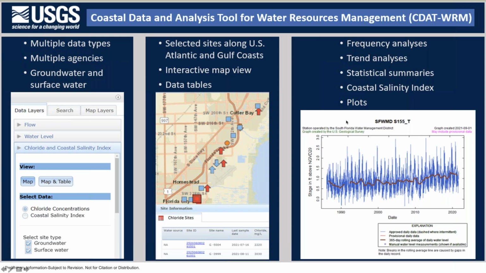The website generally has the same map footprint as the Coastal Salinity Index website. It'll be an interactive map with interactive tables to view the various gauge data. Finally, the website will allow viewing statistical analyses, trend analyses, and graphs of the data. This will include CSI graphs that'll be distributed on this website. This website's currently being developed and should be available in the spring of 2022.